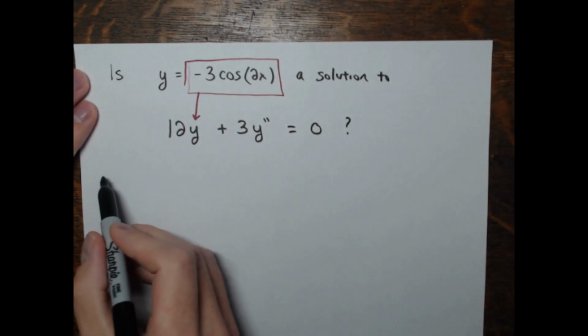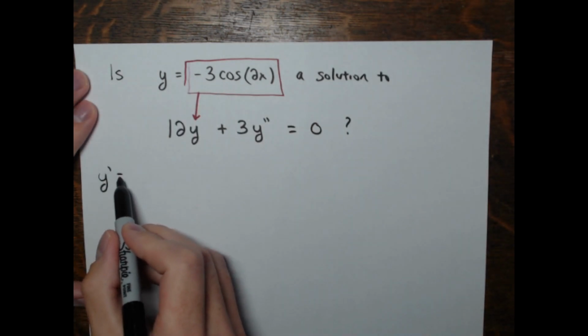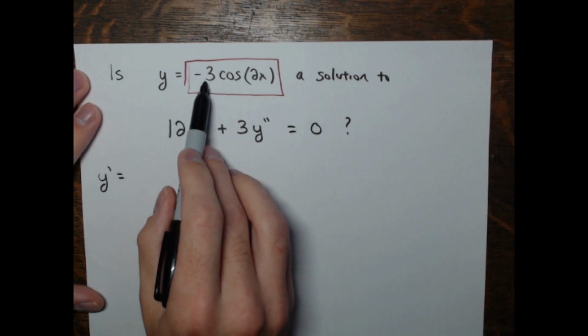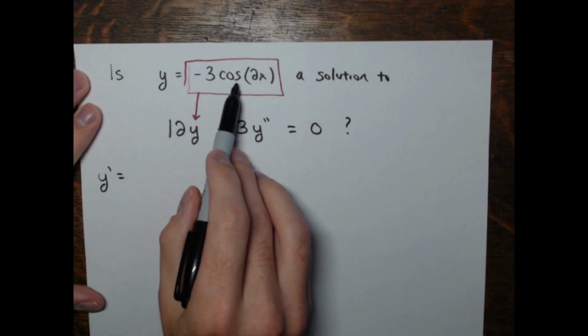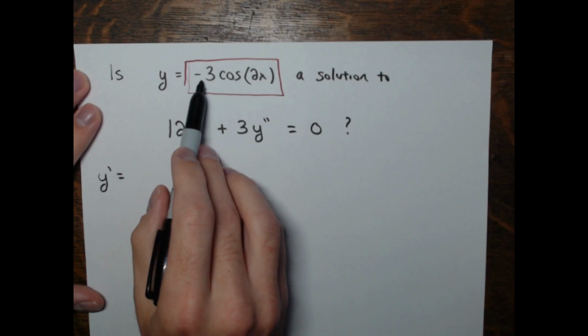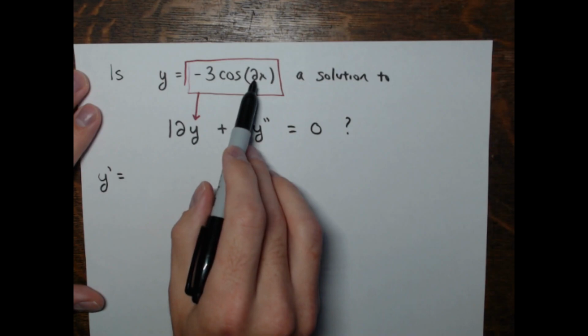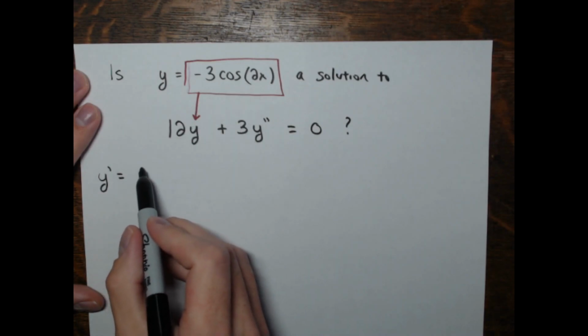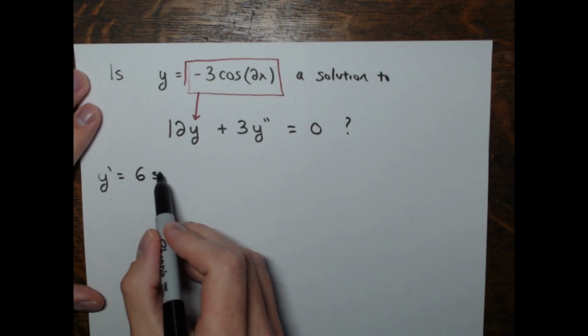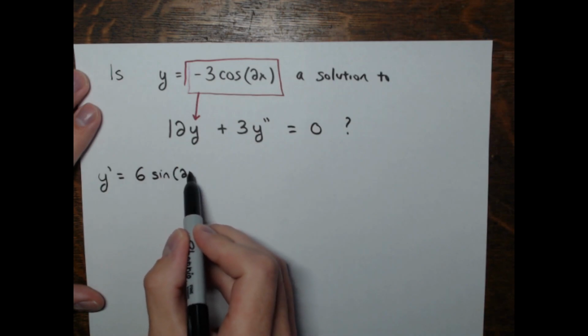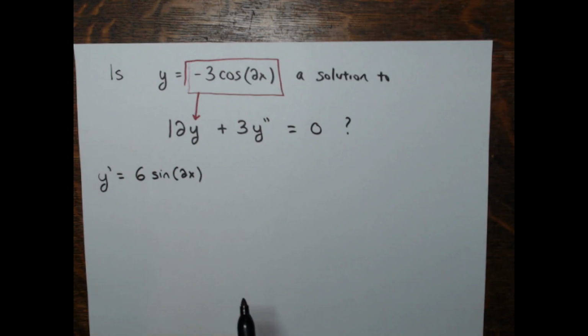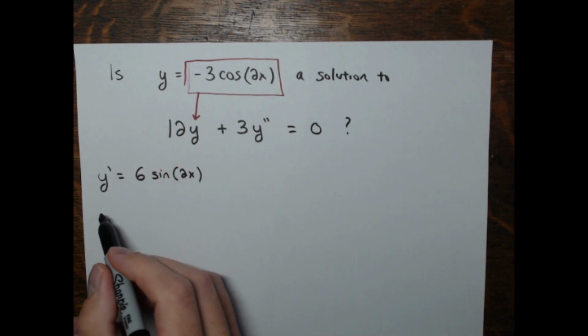Now, if this is y, we can get y prime, right? The first derivative would be -3 times, remember the derivative of cosine was negative sine, so it'd be +3 sine of 2x, but then times 2 because of the chain rule. So it'd be +6 times the sine of 2x. That would be the first derivative.